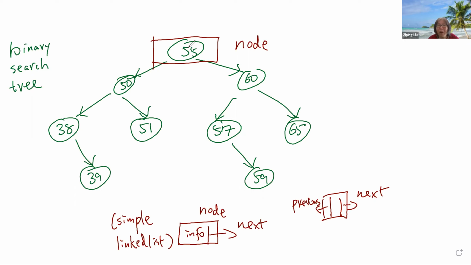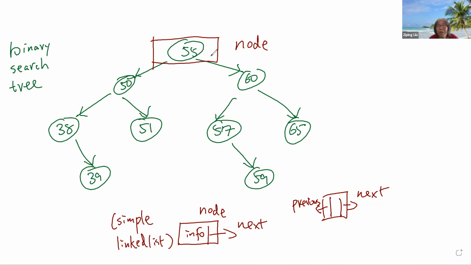If you take a look, it's repeating this kind of pattern, each node connecting with two other nodes. This kind of data structure, we call it a binary tree if it's just connected with two nodes.